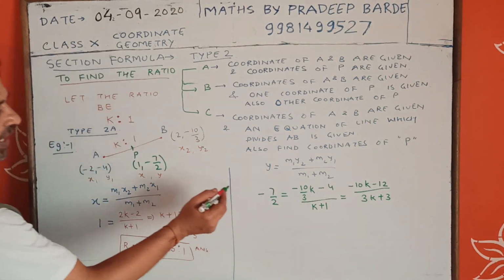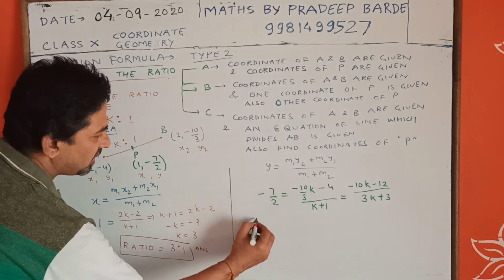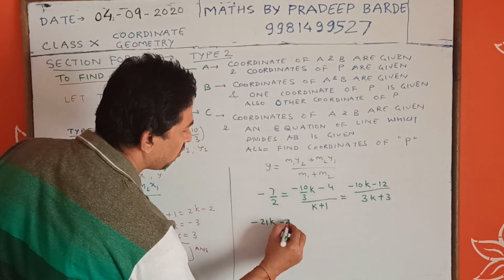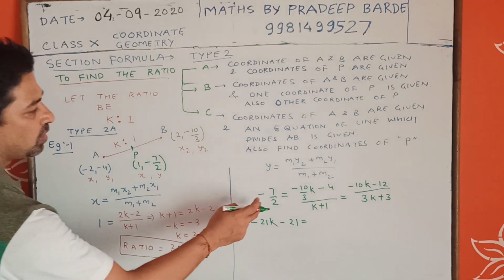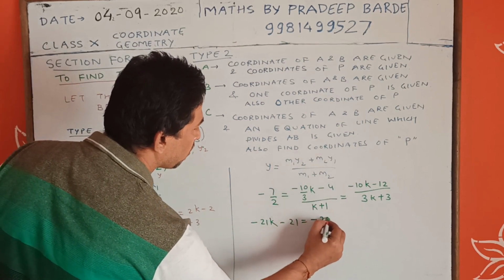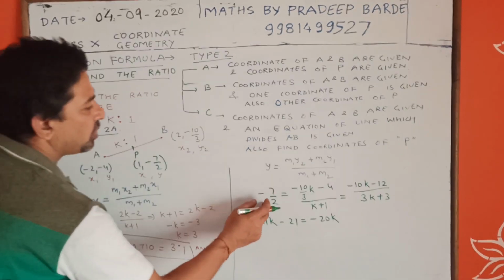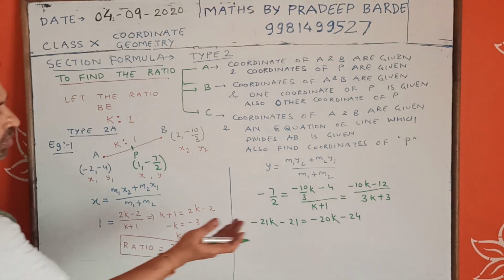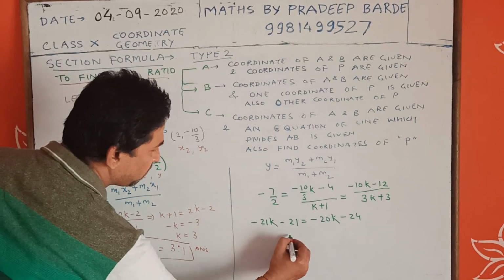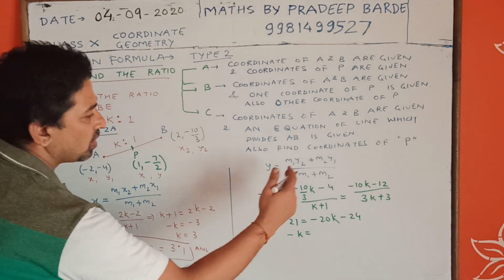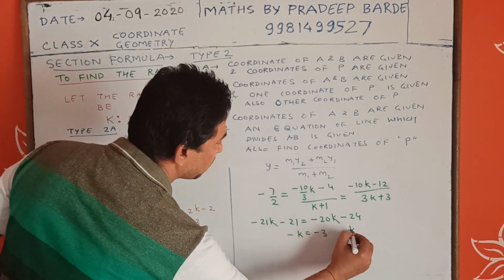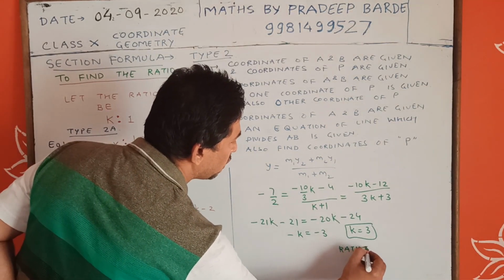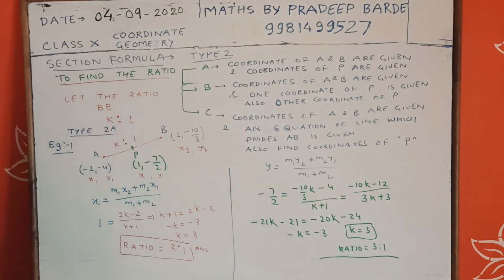Now cross multiply. Minus 7k into 3 is minus 21k, minus 7 into 3 is minus 21. 2 into minus 10k is minus 20k, 2 into minus 12 is minus 24. minus 20k इधर ट्रांसपोज किया, minus k is equal to minus 3. Therefore k is equal to 3. So the answer is ratio is equal to 3:1.